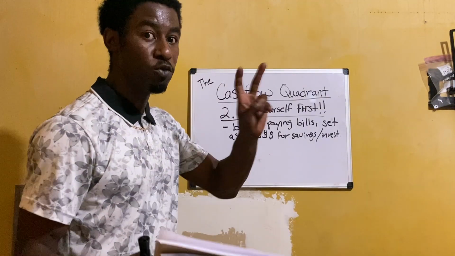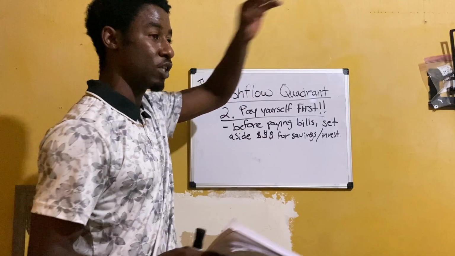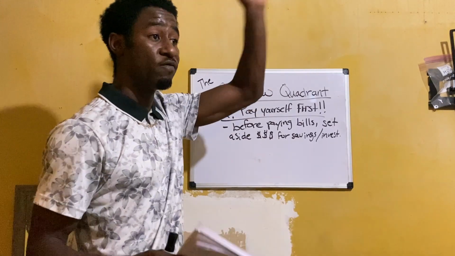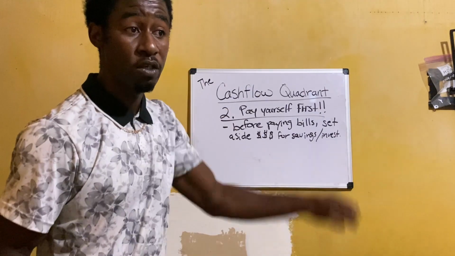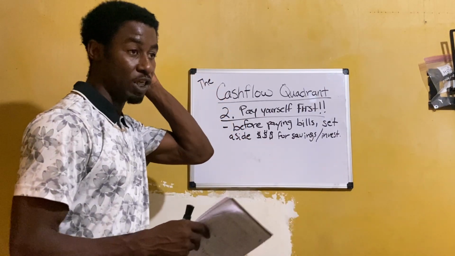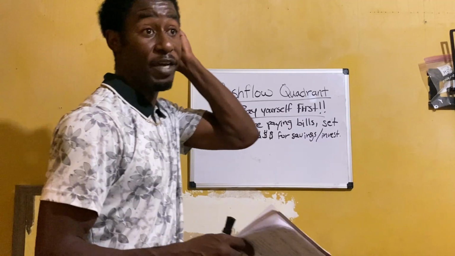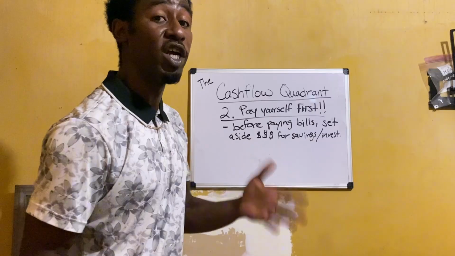When you can pay your bills and invest 70%, and you got 30% left over that you can live off of, then you're definitely on the way to becoming successful. Some people say if you can pay your bills with that 30% too. So that's up to you how you want to interpret that.